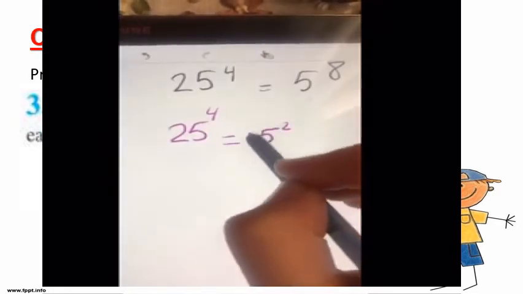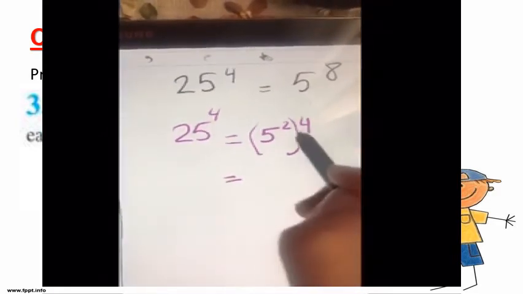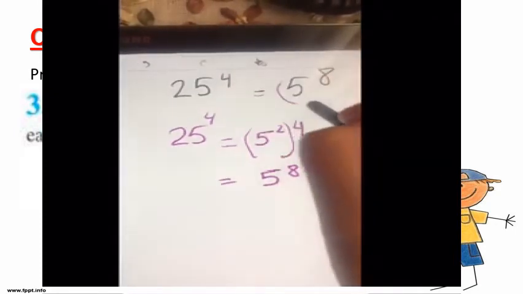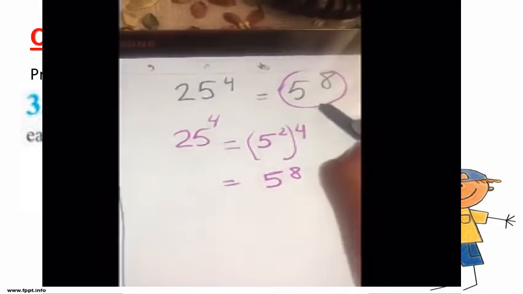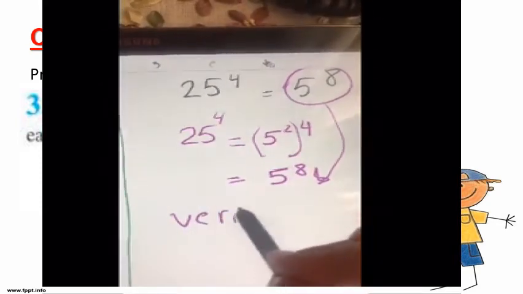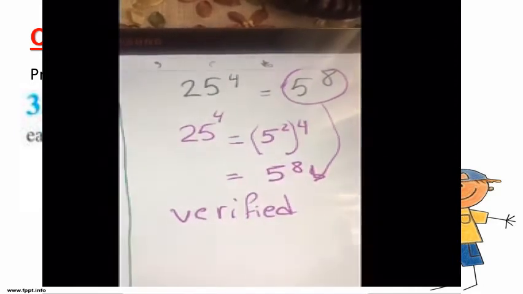And keep the exponent, which is 4, outside. So multiplying the exponents to give me 5 to the power 8, which is equal to this one. Okay? So it's verified. It's true.